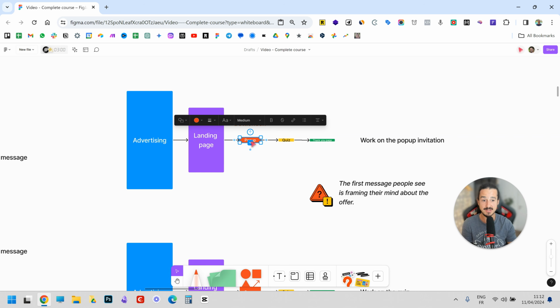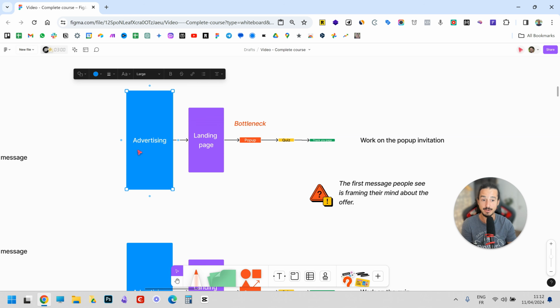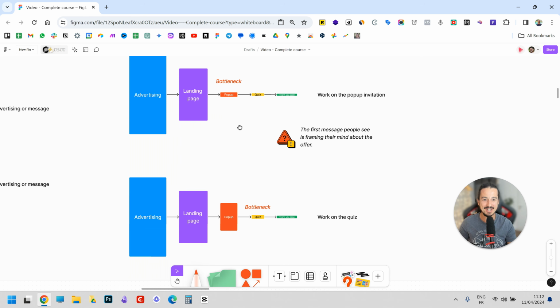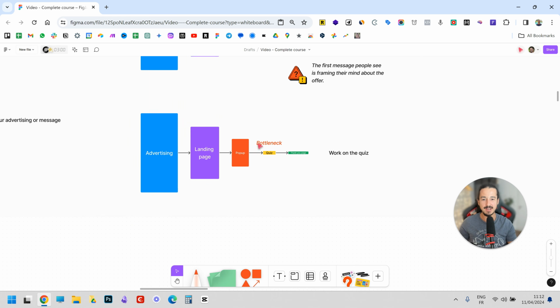It could be because the message in the pop-up is not the right one, but it could also be that the very first message they have seen is not the right one. So once you are at this step, you first work on the pop-up, but if you don't find the solution, then you want to think of the entire system before. I hope it's not too theoretical.